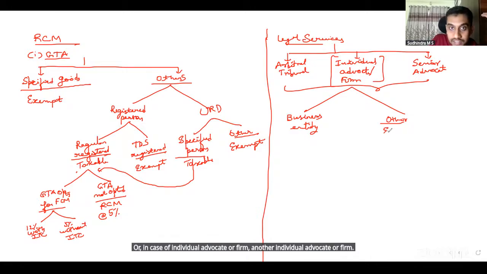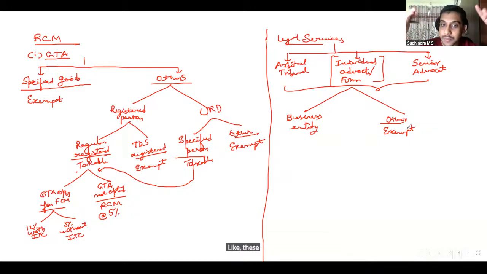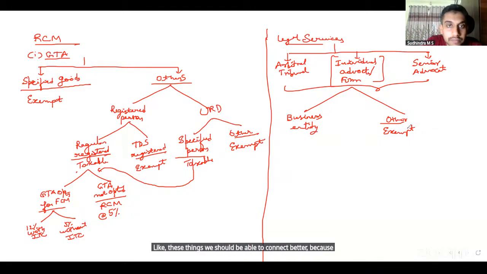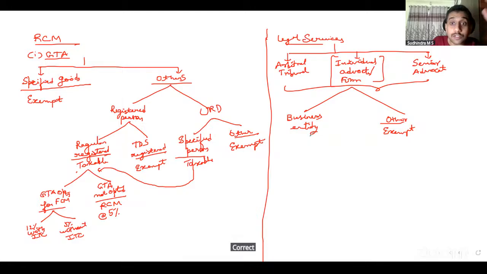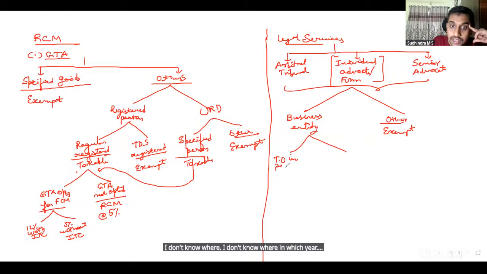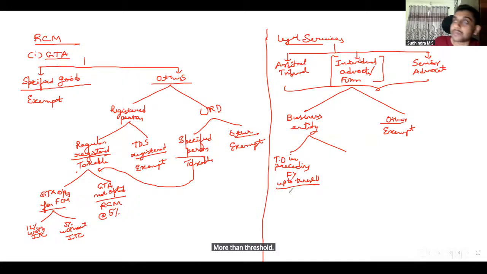All these are exempt, as we have discussed in the exemption chapter. We should be able to connect these better because recently we discussed them. Similarly, in case of business entity, you have to check what? Turnover in the preceding financial year. If it is up to the threshold, what happens?